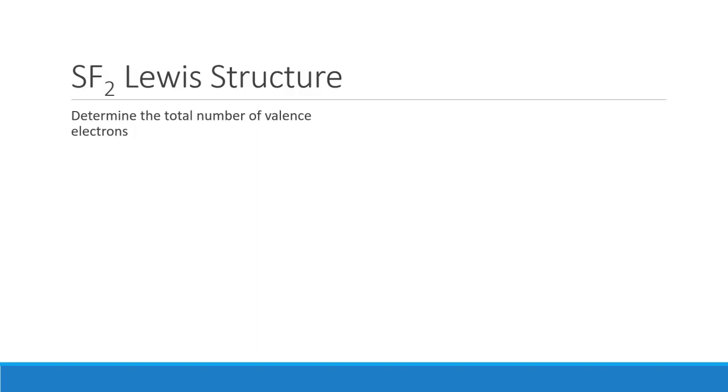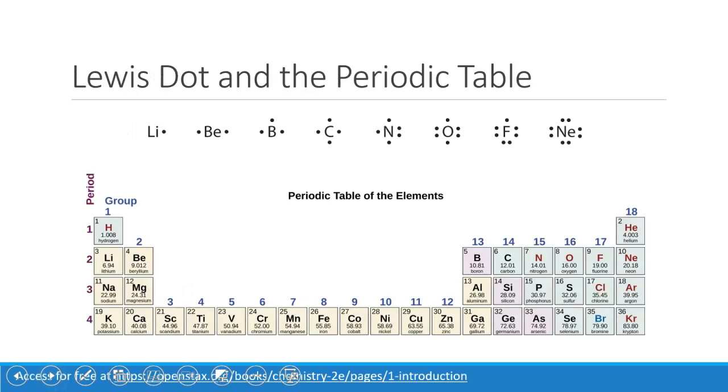The total number of valence electrons comes off that periodic table, and this time we're looking at sulfur and fluorine. Sulfur is directly underneath oxygen, and oxygen is in group 6A. So remember that oxygen and sulfur are each going to have 6 valence electrons.